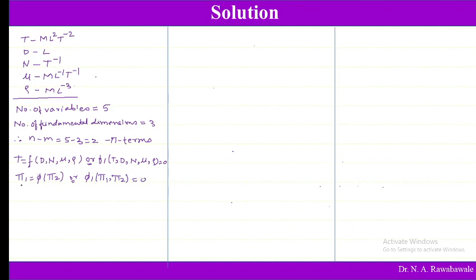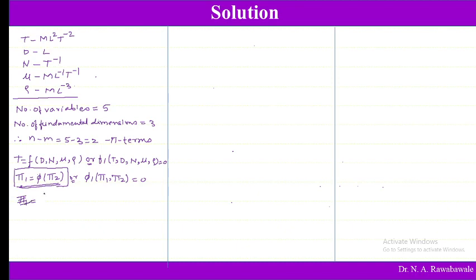Now if we get pi 1 and pi 2, generally we use this correlation in the Buckingham's pi theorem method: the first pi term is equal to a function of the rest of the pi terms. So pi 1 is equal to function psi of pi 2, pi 3, pi 4 and so on. Here we have only two pi terms. So first of all we will see the repeating variables.